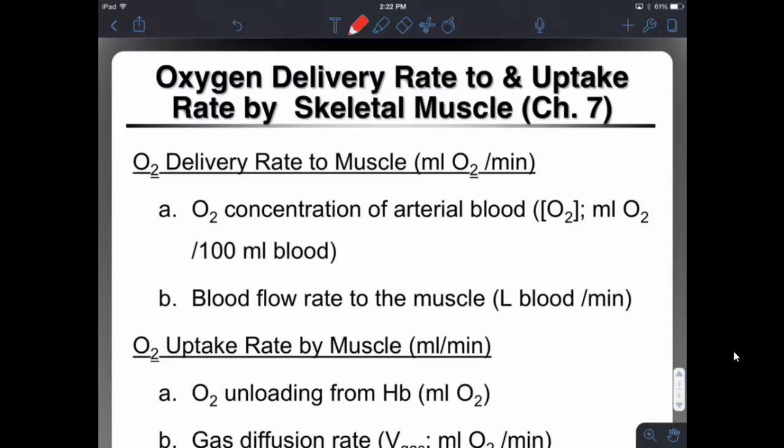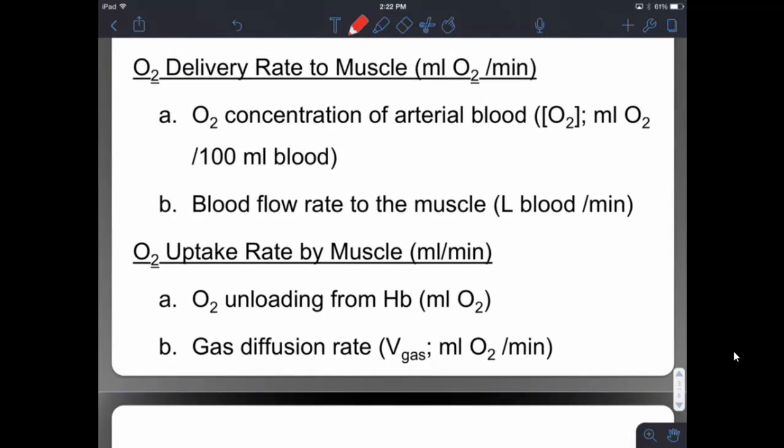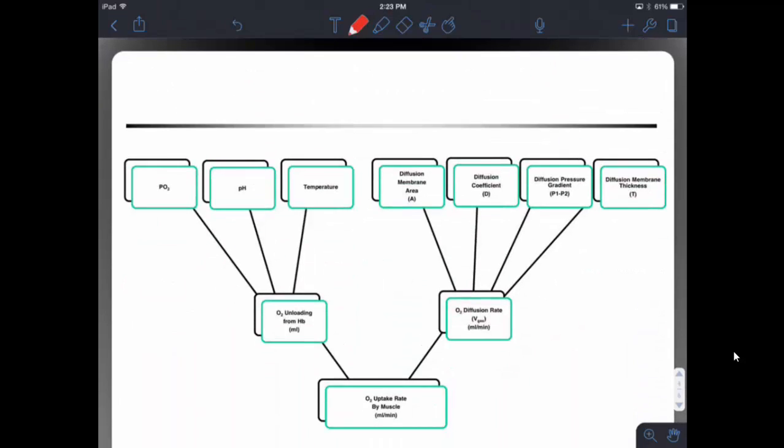Okay. In order to take up oxygen, we need to unload it from hemoglobin, and it needs to diffuse quickly. So oxygen uptake rate increases because of increased unloading and increased diffusion rate. Okay, so here we are, greater uptake due to greater unloading and greater diffusion rate.